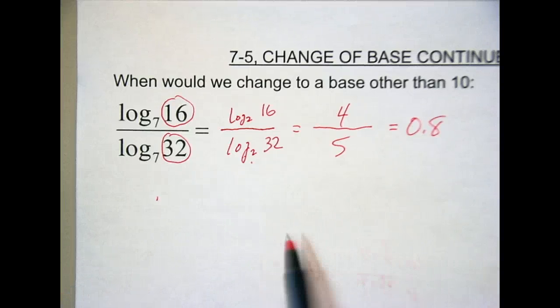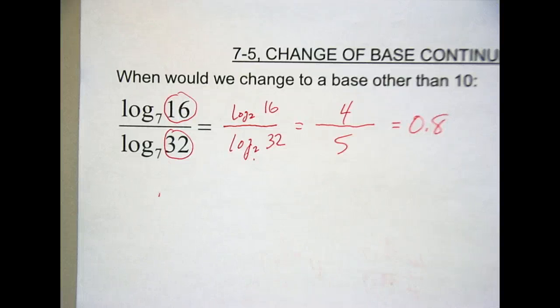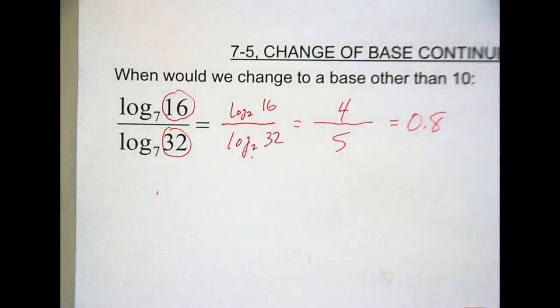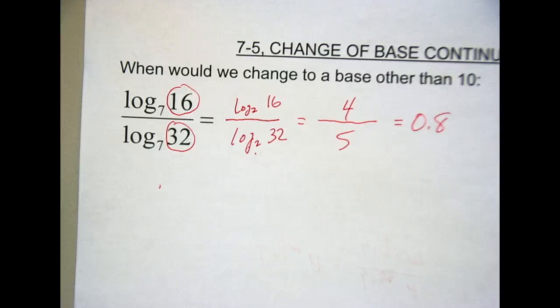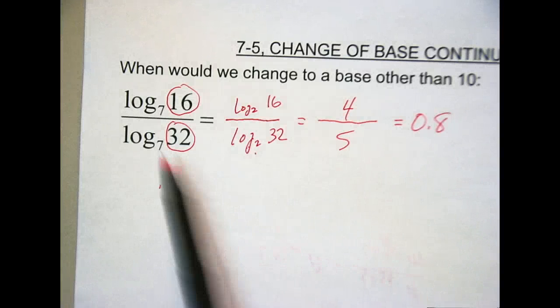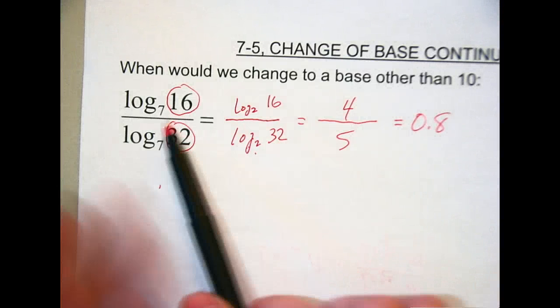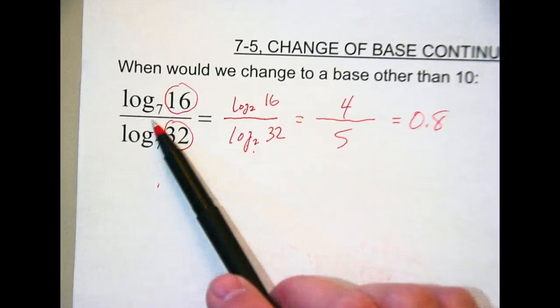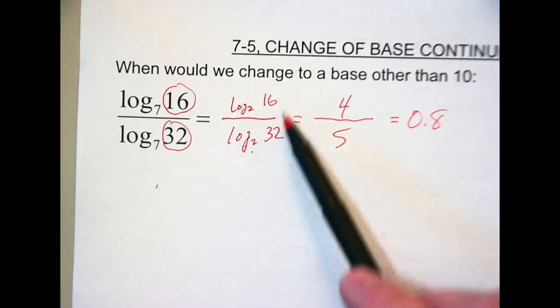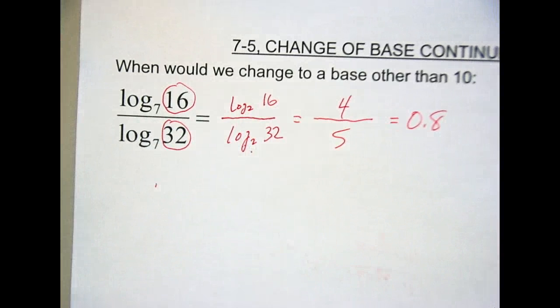That's why we might want to change to something other than base 10 currently. Sometimes we go, well, it's tough if I don't know when I'm going to apply something like that. Well, you might apply this in this setting where you want to go to base 2 because you recognize both of these are in base 2.